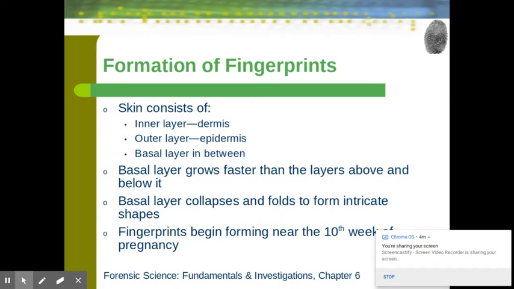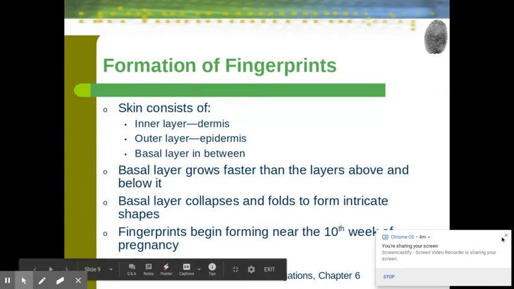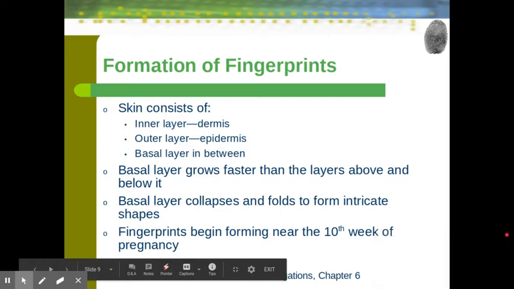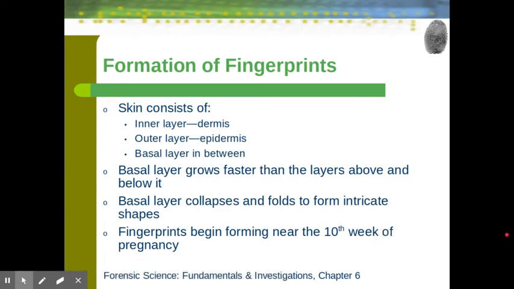So fingerprints start forming at about 10 weeks of pregnancy. In about 10 and a half weeks, the fetus is going to start to have fingerprints. And let's talk about why identical twins don't have the same fingerprints.